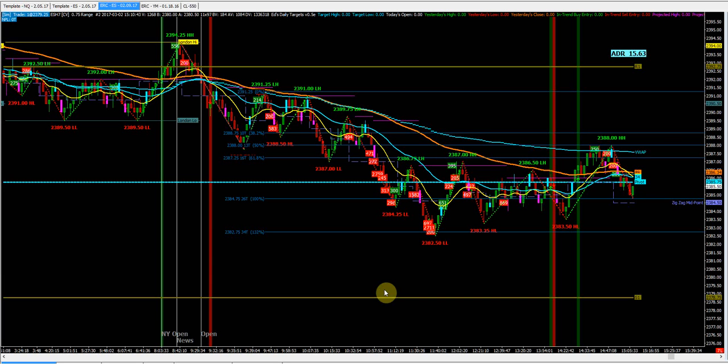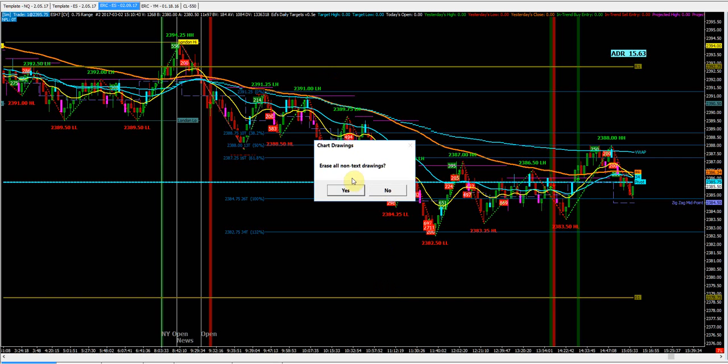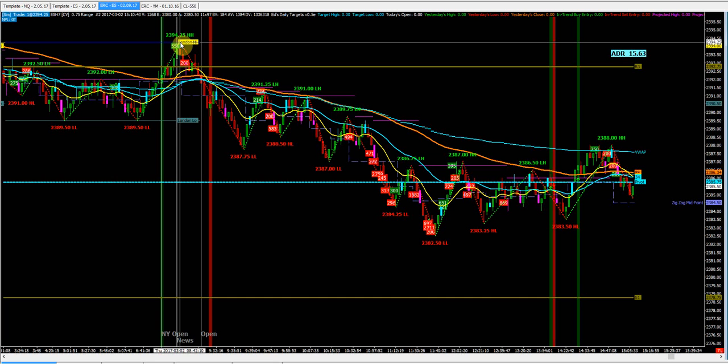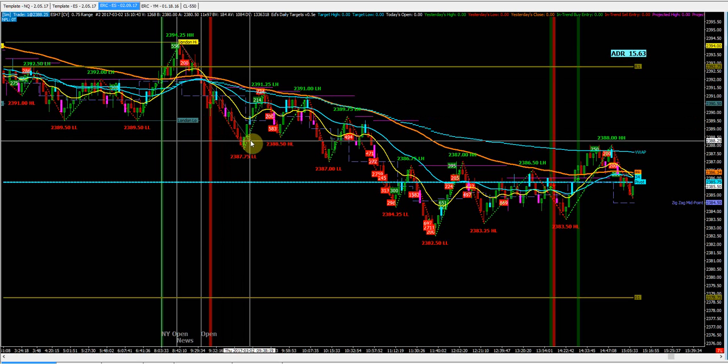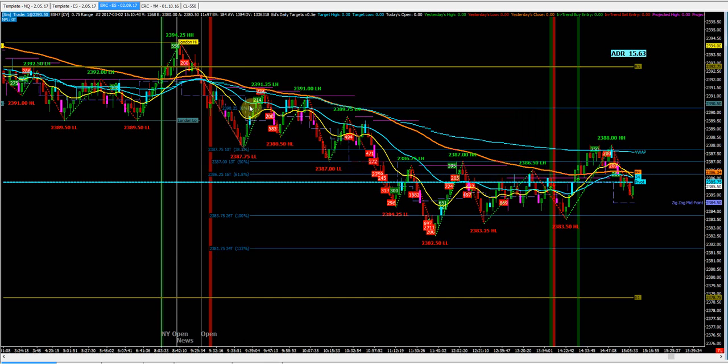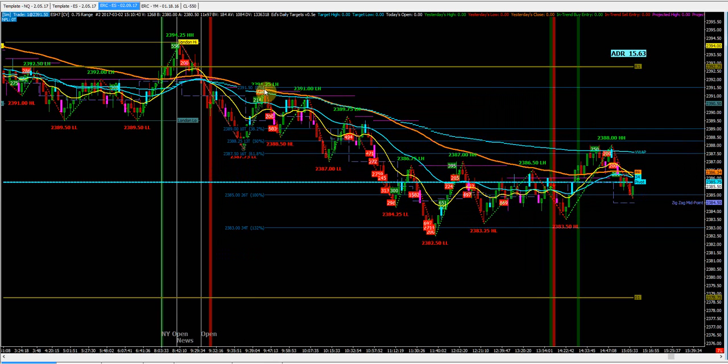I did want to get back to this trade. In the previous trade, I showed you how I was doing price projections to the downside by using the projection tool in CR charts from 2394.25 up here to the first low down here, 2387.75, and then back up to 2391.25, right?